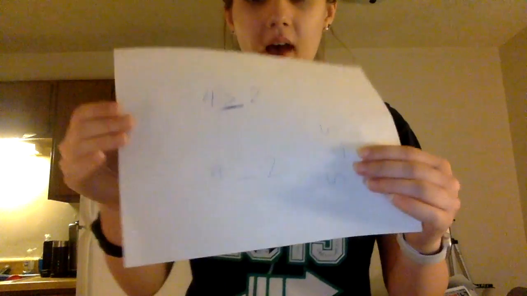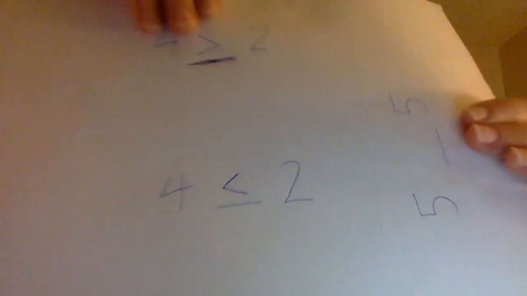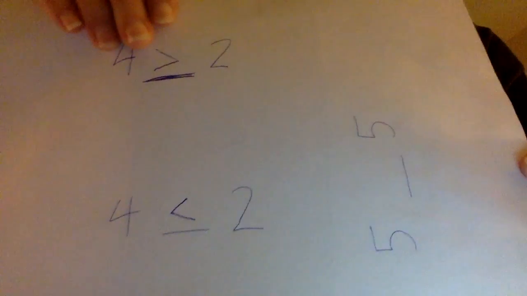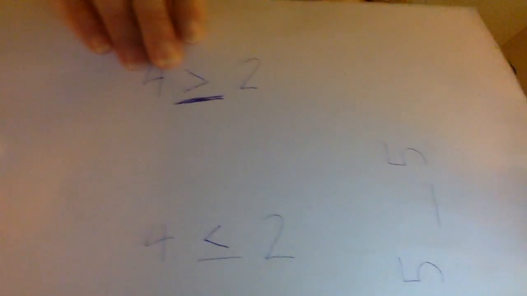So I'm going to put a less than symbol there super quick. Okay, so this is what that would look like for showing that 2 is less than 4. In this top one, we have 4 is more than 2. So that is how you would show those 2 examples.